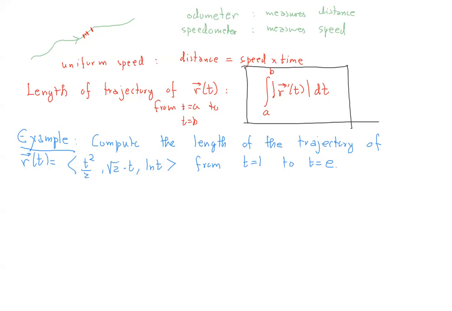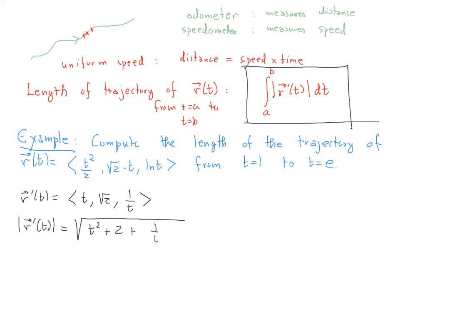To implement this formula, we need to start by computing the derivative of r of t, which is what? It's t, square root of 2, 1 over t. And what is the length of this derivative, which is the speed? Square root of t squared plus 2 plus 1 over t squared. So we will need to integrate this function.